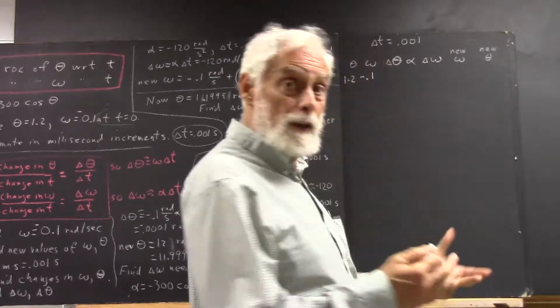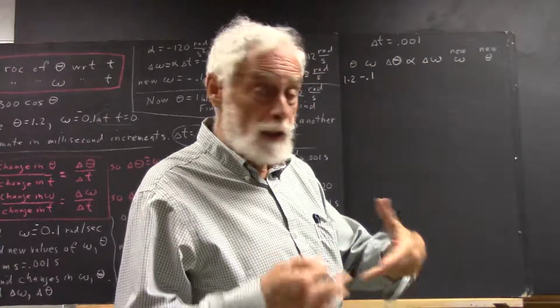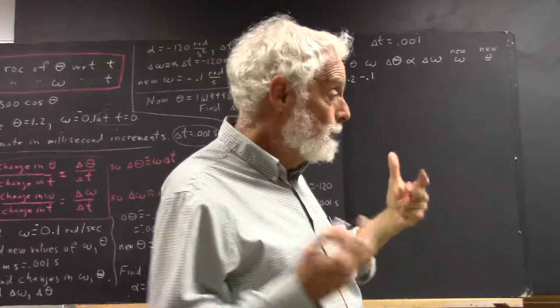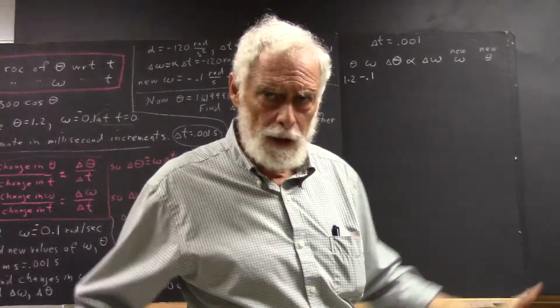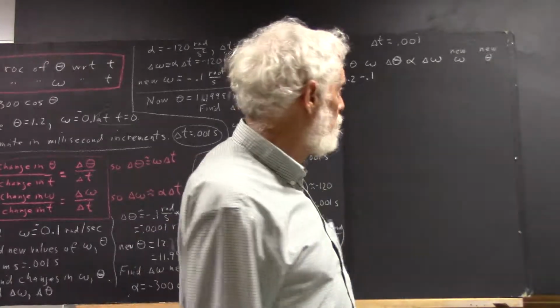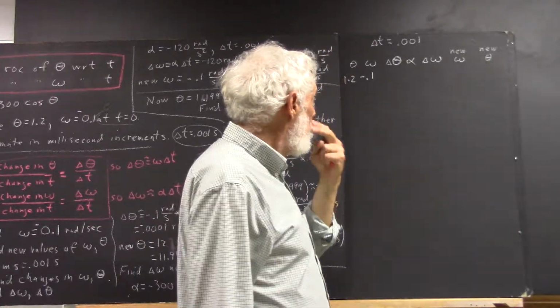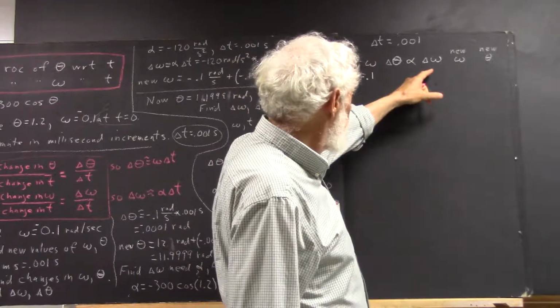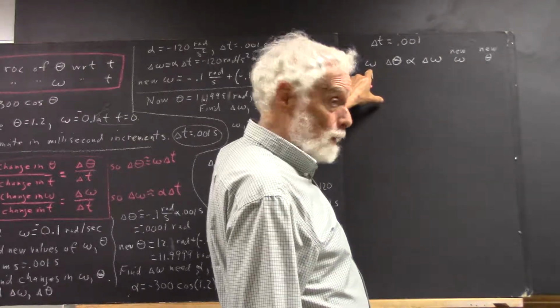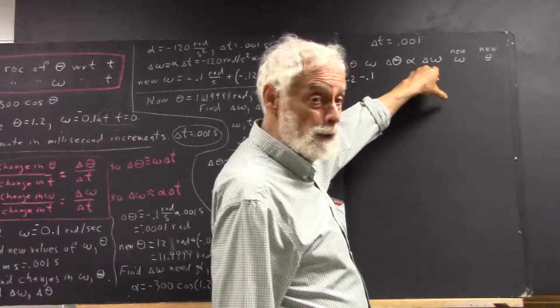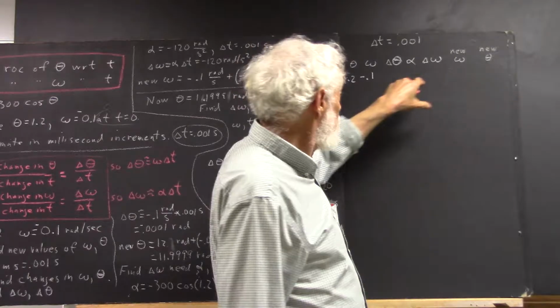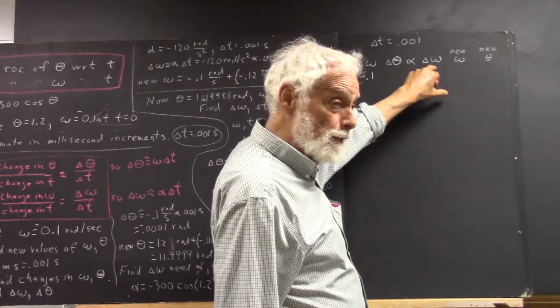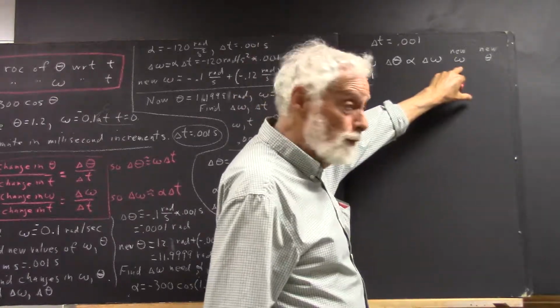Now, that's a really simple calculation, but people have often asked me, how do I calculate the new omega now that I have all this in my new theta? The new omega is whatever omega you started with plus however much it changed. You take a value and the change in the value and you add them together, you get the new value.